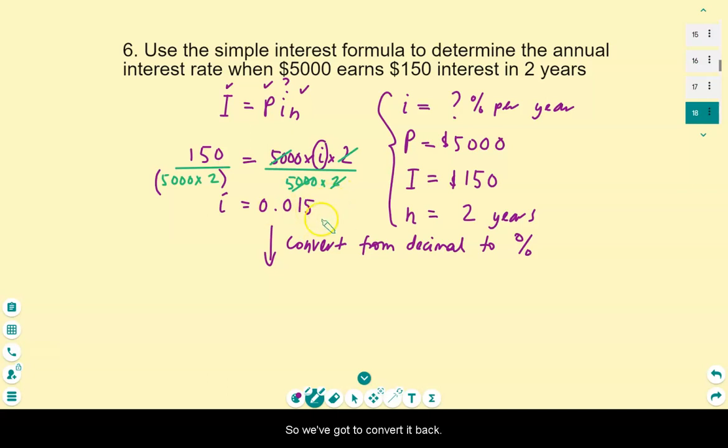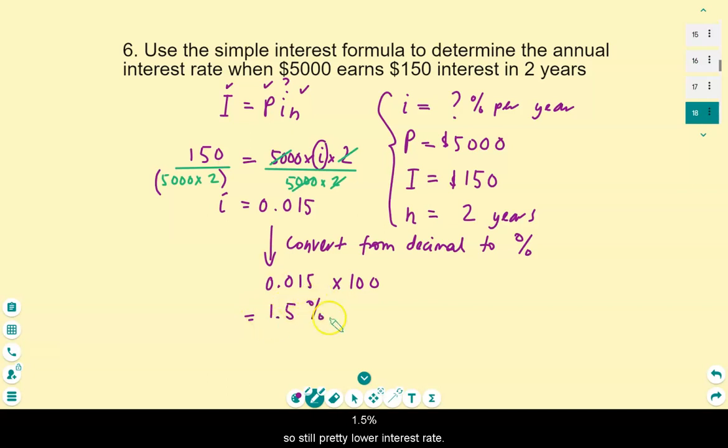So we've got to convert it back. Before we divided by 100 to get to a decimal, so we are going to times by 100 to get back to a percentage. 0.015 times 100, 1.5%. So still pretty low interest rate.